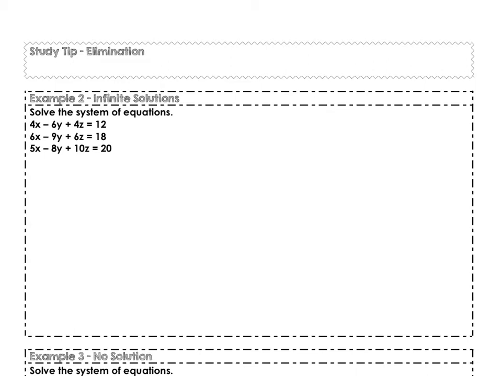So the first equation, I'm noticing that all those values are actually divisible by the number 2. If I divide all those numbers by 2, I get 2x minus 3y plus 2z equals 6. In that second equation, let's see, all those numbers are divisible by 3. That's going to get me 2x, because 6x divided by 3 is 2x.